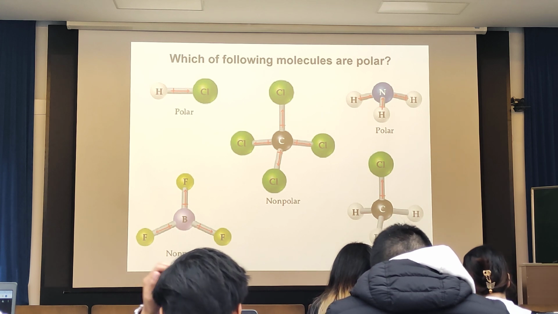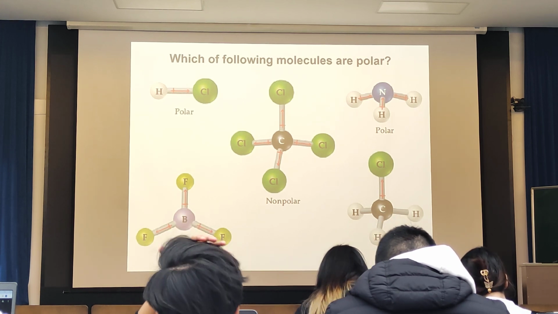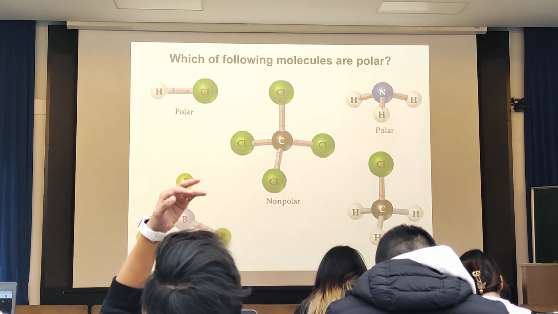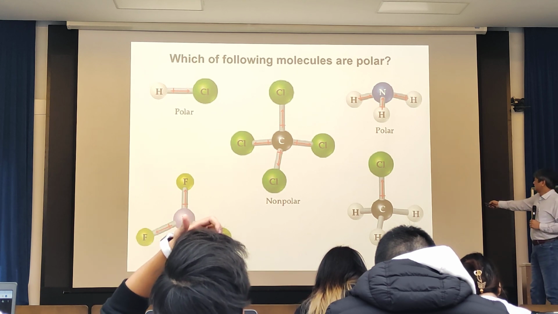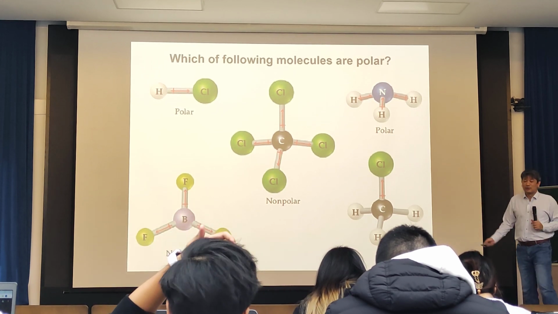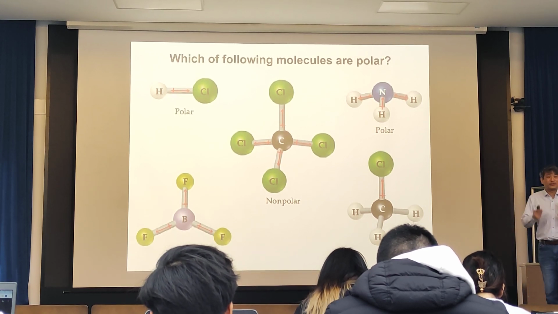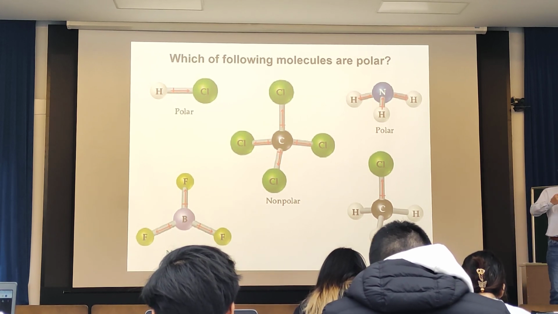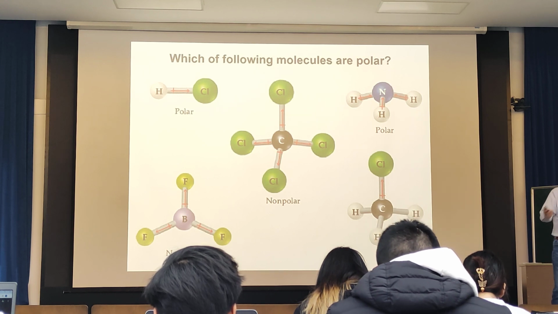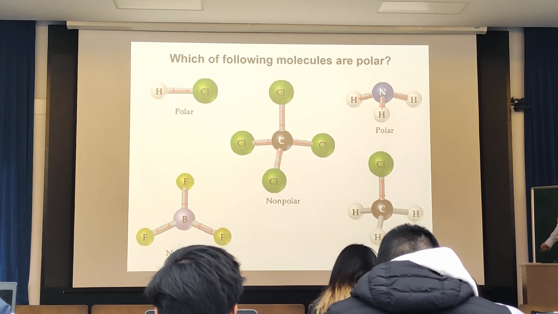So, you can do a simple exercise. Which of the following molecules are polar? So here, you have two atoms with two different electronegativities. So, we talk about the bond dipole moment, right? So this compound is polar.